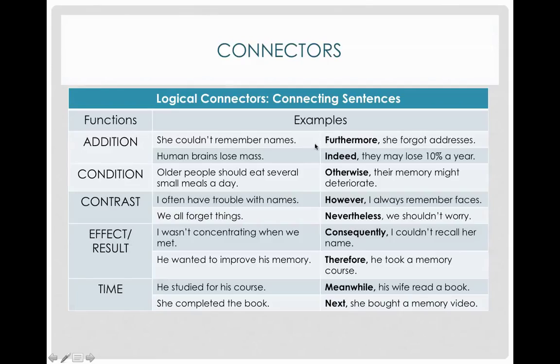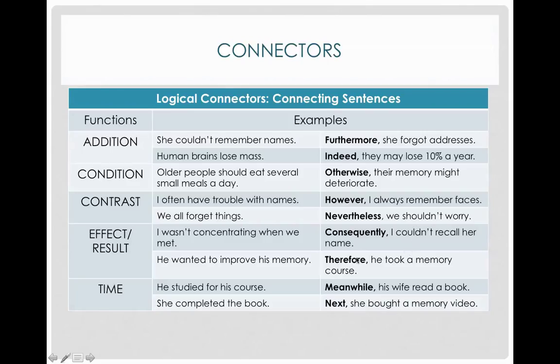Okay, I could say she couldn't remember names and she also forgot addresses. Human brains lose mass and they may lose 10% a year. If older people don't eat several small meals a day, their memory might deteriorate. I often have trouble with names, but I always remember faces. Even though we all forget things, we shouldn't worry.